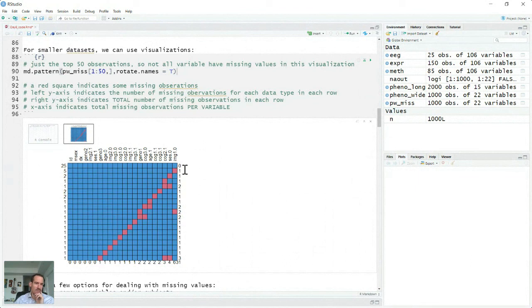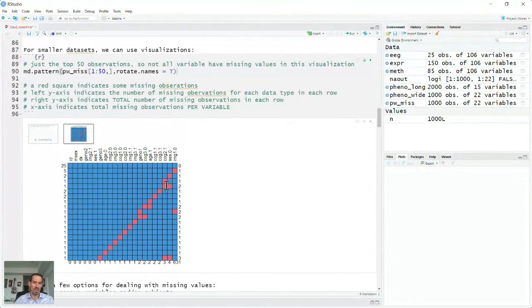Each of these rows, if we start with the right axis, is 0, 1, 1, 1, 2, 1, 1, 2, 2, 2. This is a product of the randomness of what we threw in. There's 1,000 people and we're only making 5% of the observations missing at random. So in some cases, there will only be 1 missing observation. In some cases, maybe it doubled up and there were 2.